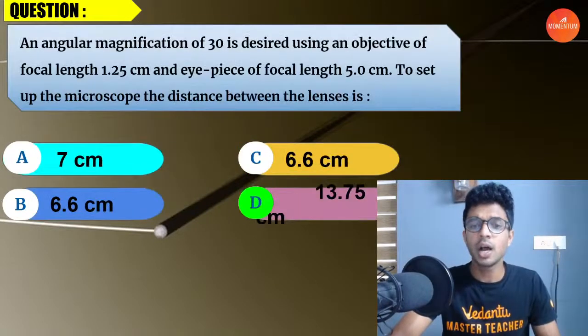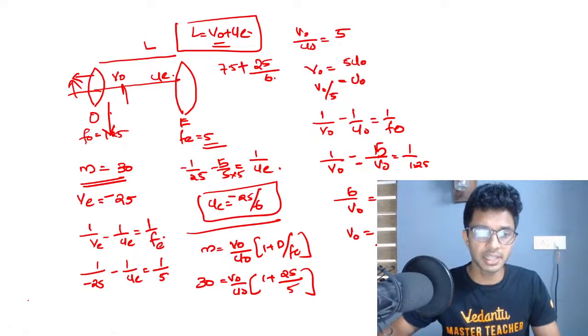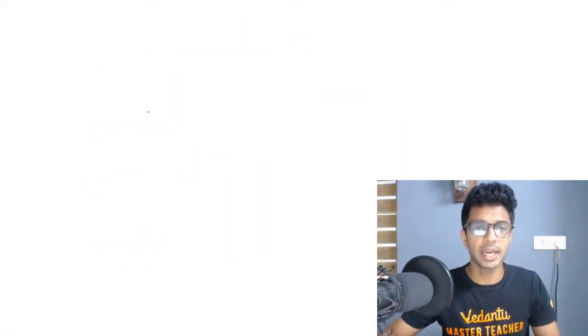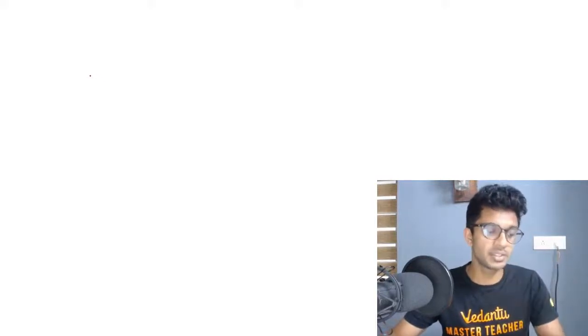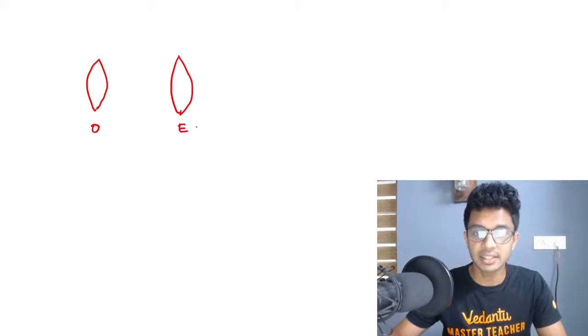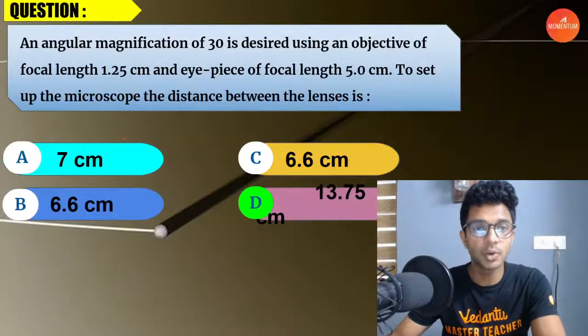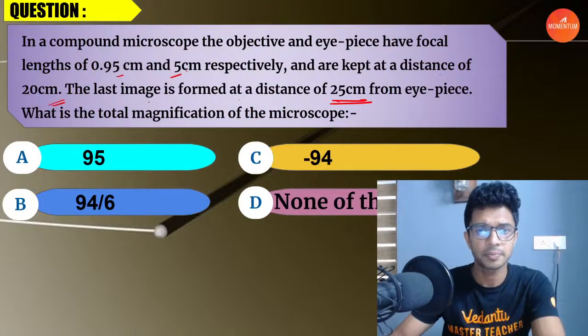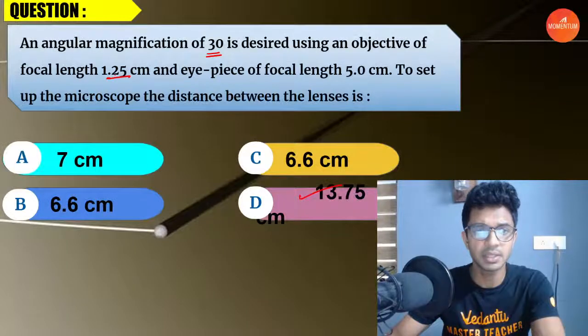Okay, so how can this be done? So I'm going to take this page here and explain. It comes with the same process, right? What all things are given? You have a compound microscope which consists of an objective lens and an eyepiece lens, right? Now their focal lengths are given: 0.95 and 5 centimeters, right?